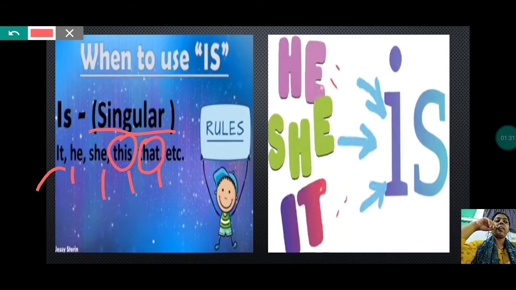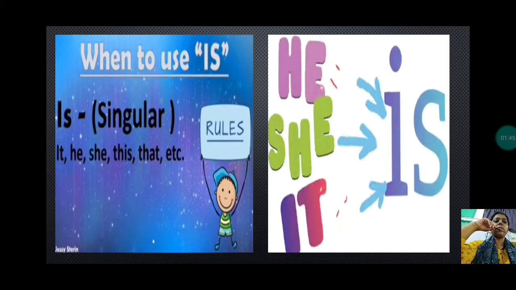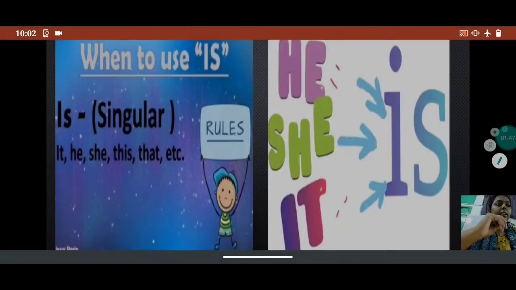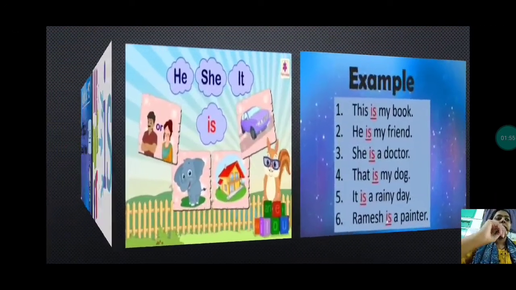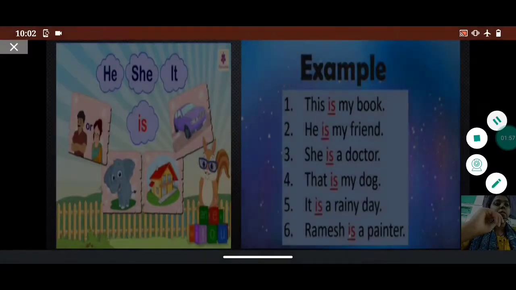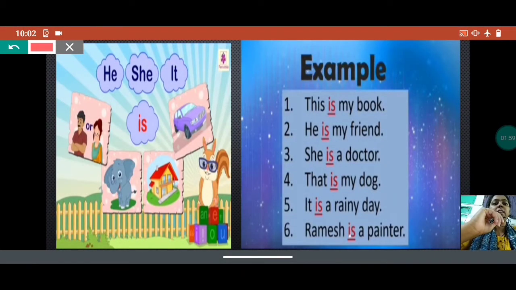This is used when we are talking about a singular noun that is near us, and that is used when we want to talk about those nouns that are far away from us. So is is used with singular nouns. So is is used with he, she and it. That means singular nouns.